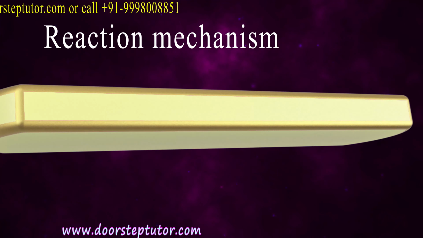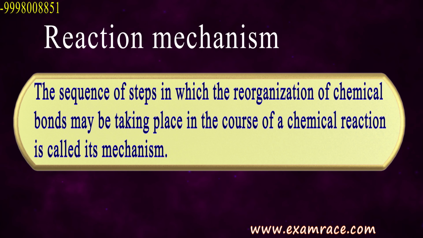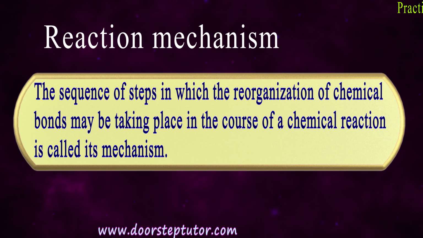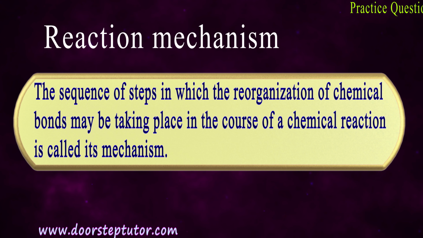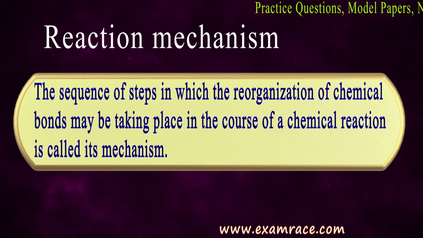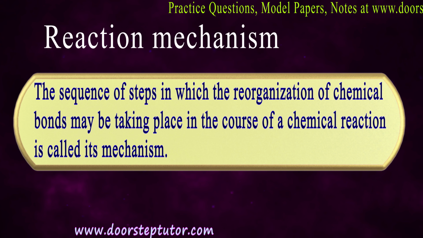Now, what is a reaction mechanism? The reaction mechanism is all about the steps that take place during a chemical reaction. The sequence of steps in which the reorganization of chemical bonds takes place is called the mechanism of that reaction.